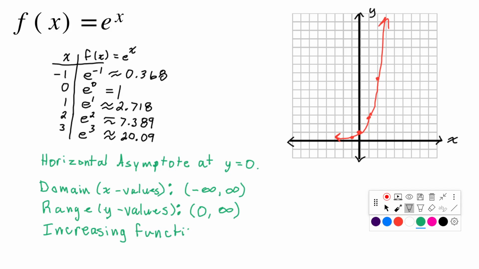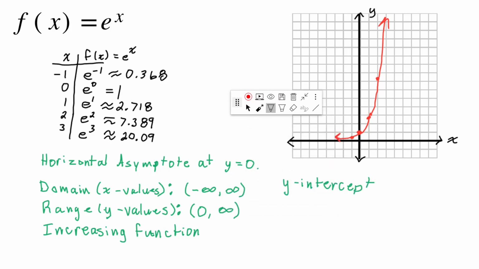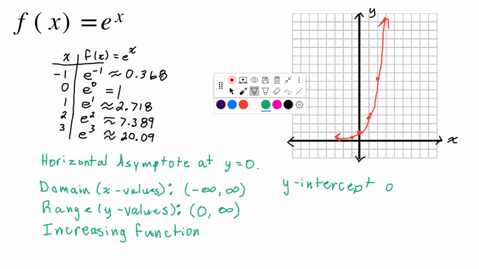And just as with any exponential, we are going to have a y-intercept at the point (0, 1). So these are key features that you need to keep in mind for the exponential function.